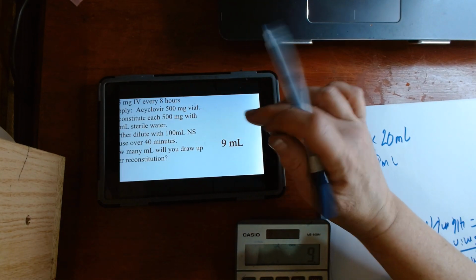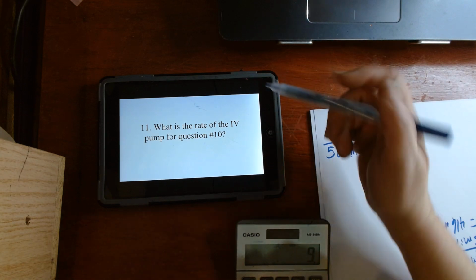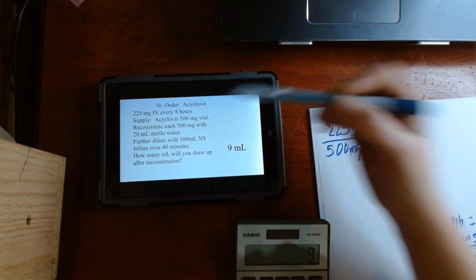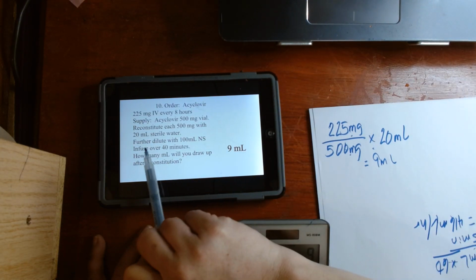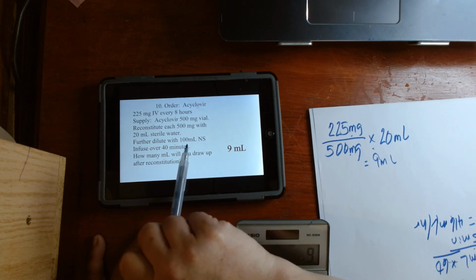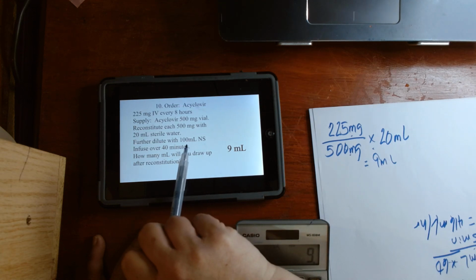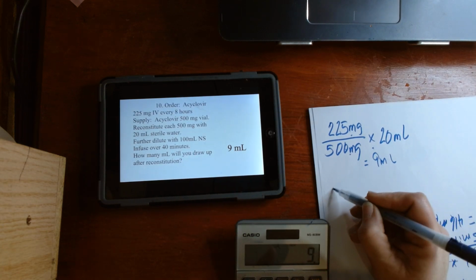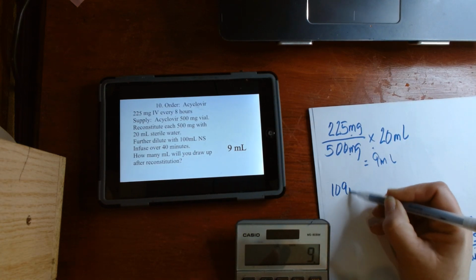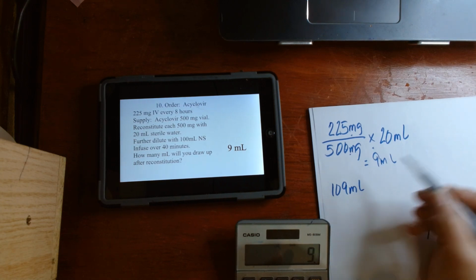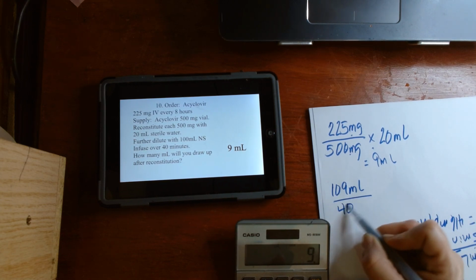See, 9 milliliters. And then, of course, this next one wants to know the rate. It says to further dilute this 9 milliliters in the 100 milliliters of normal saline, so that's going to be 109 milliliters as our total volume. We're going to infuse it over 40 minutes.